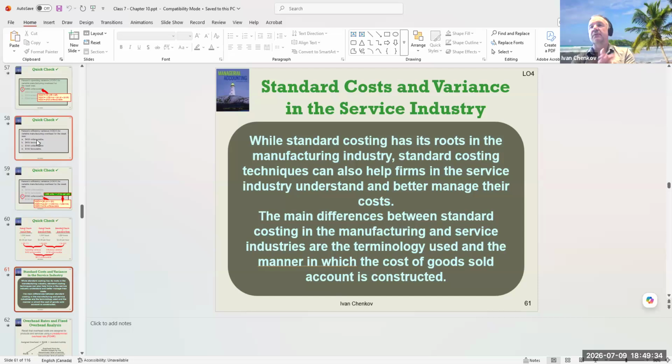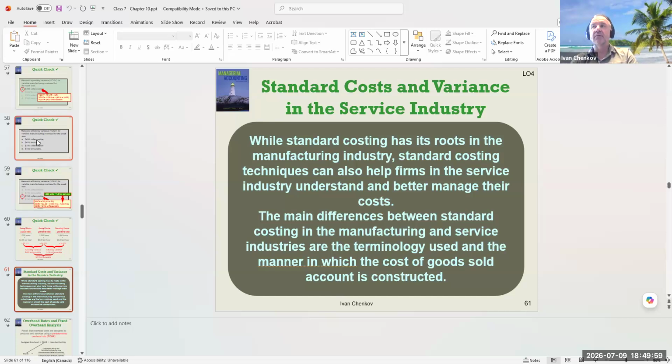That was for the manufacturing company that has a product, which has the direct material cost, direct labor cost, manufacturing overhead, and more specifically, variable manufacturing overhead. Now, what we're going to do with a company which is in the service industry. Same.